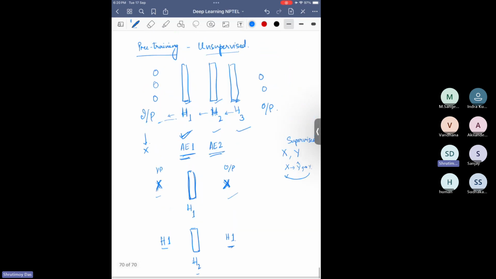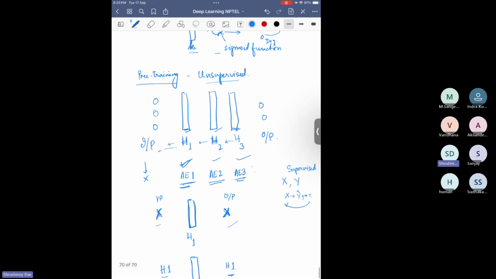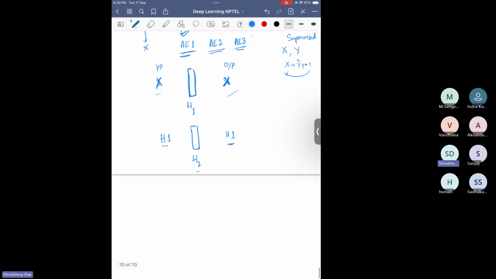Similarly, if we also have some AE3, the input of AE3 will be H2, the output of AE3 will be H2, and it will learn H3, which is a good representation of H2. Finally, once we complete this, we will get good representations, good H1, H2, and H3, and then use them for training the network.